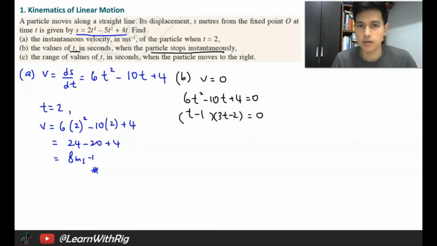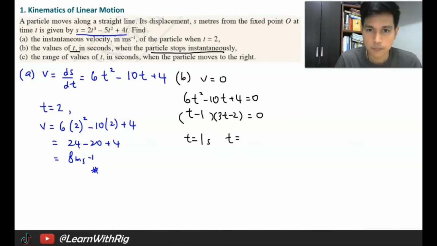Okay, straight away use your calculator, I don't need to waste time. Then you get t equals 1 second, and the other one is t equals positive 2 over 3 seconds. Okay, so that means you have two values. It's either this or this one. Both are positive, right? So it's acceptable. At these 2 times is where the particle stops.